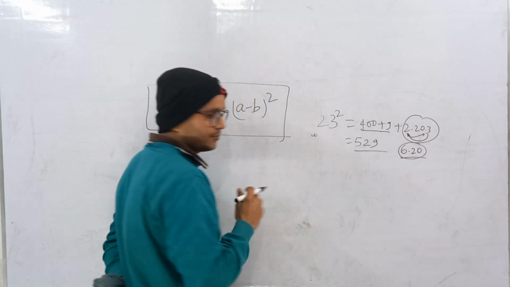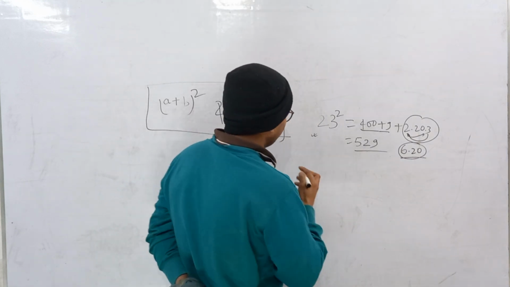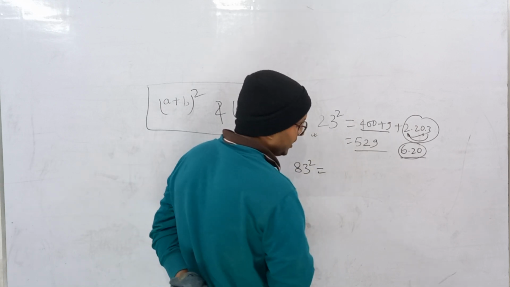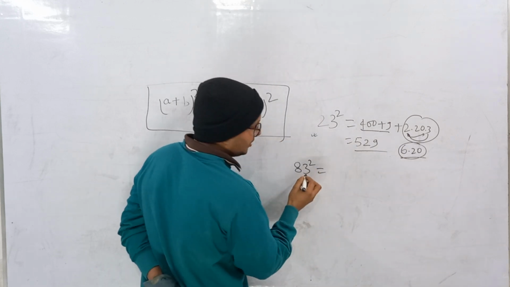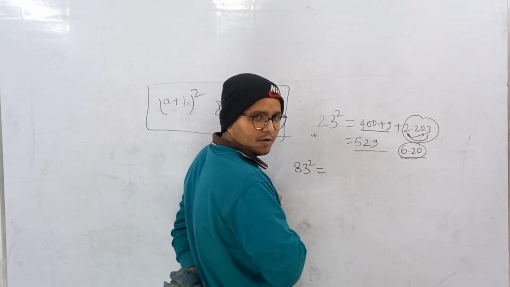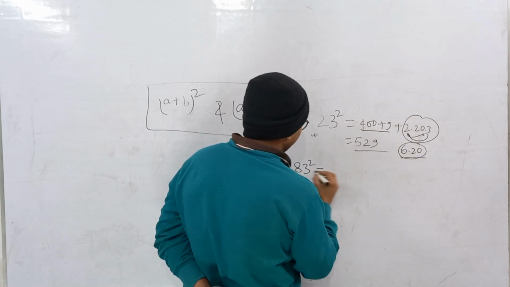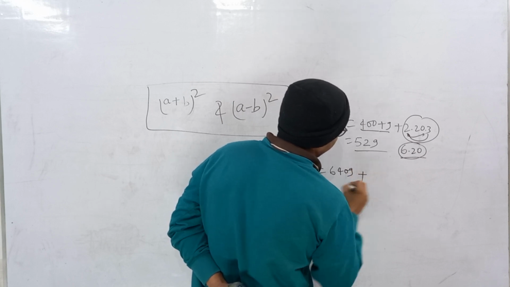Suppose I am giving you one more, 83 whole square. Okay, 83 whole square you can easily do. So how much is 80 into 80? You know, it means 6400, and 6409. This thing you can easily keep in your mind, 6409.